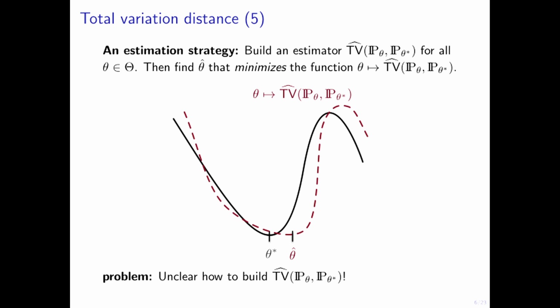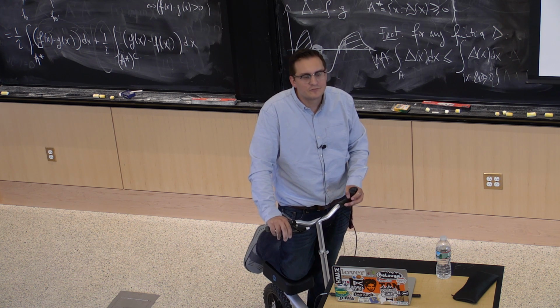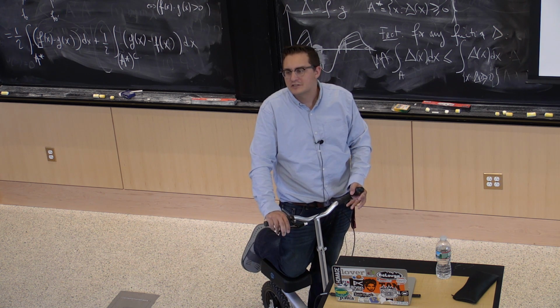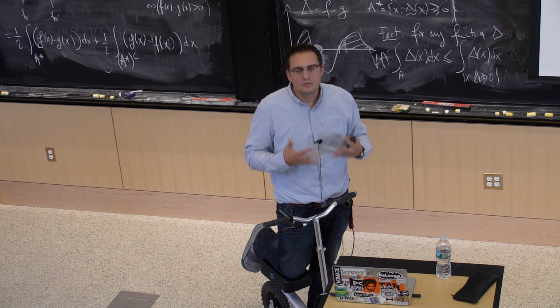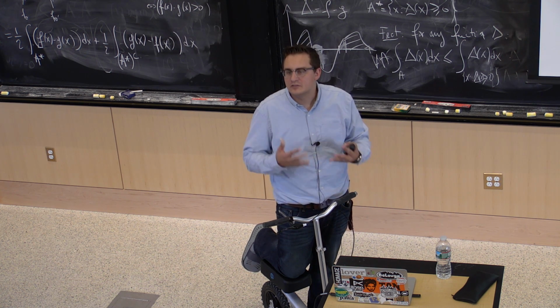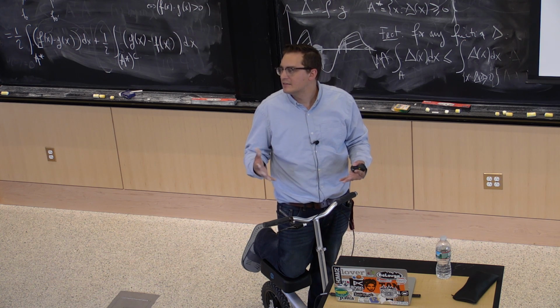The problem is that it's very unclear how you would build this estimator of the total variation. Building estimators, as I said, typically consists in replacing expectations by averages, but there's no simple way of expressing the total variation distance as the expectation with respect to theta star of anything.